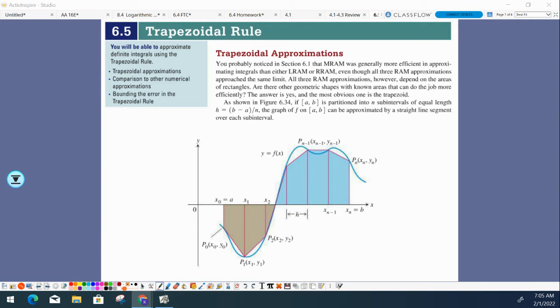All right, so the last lesson's on the trapezoidal rule. It's really the best approximation. It's a whole lot better than RAM, the rectangular one.